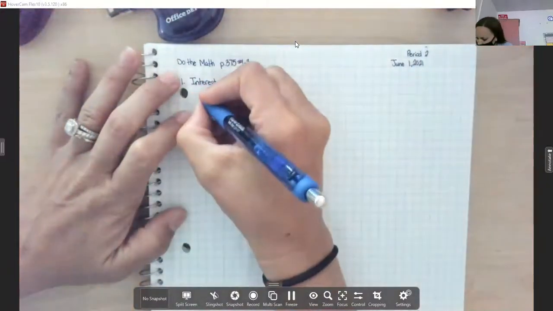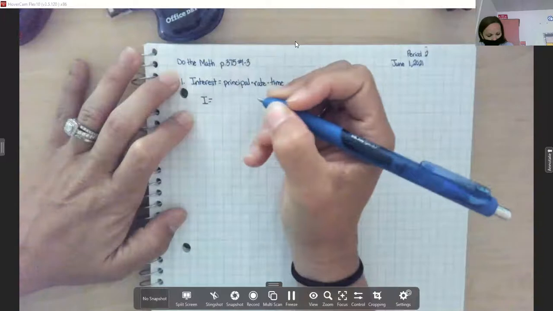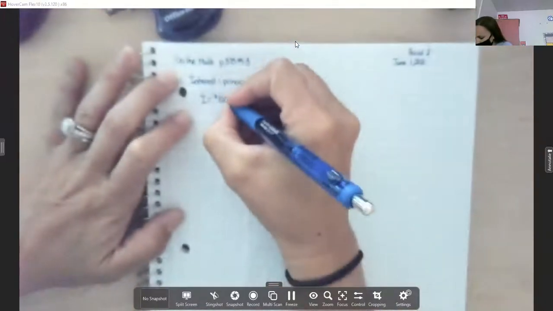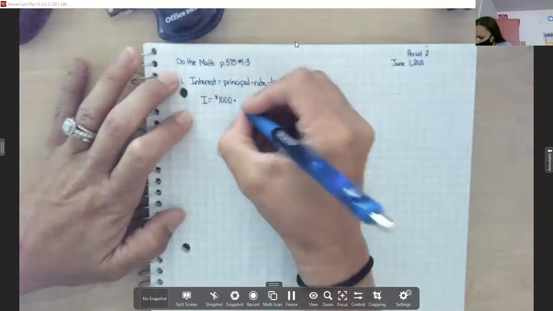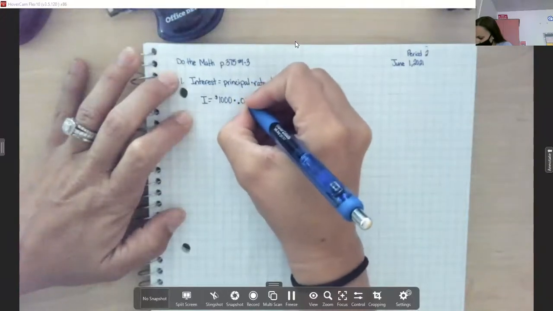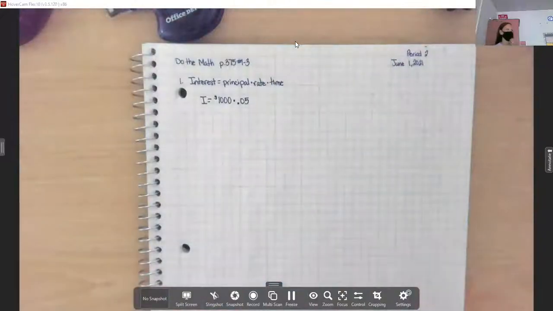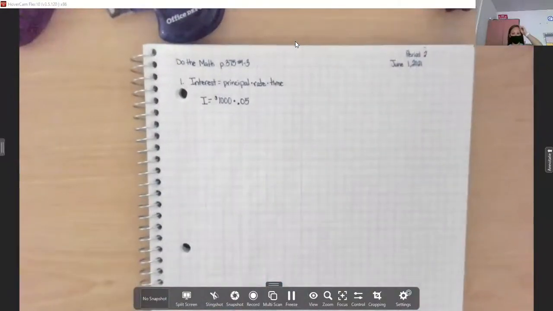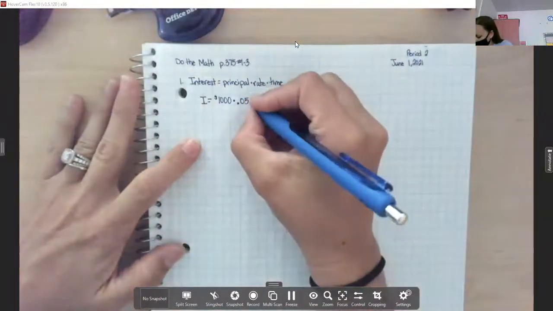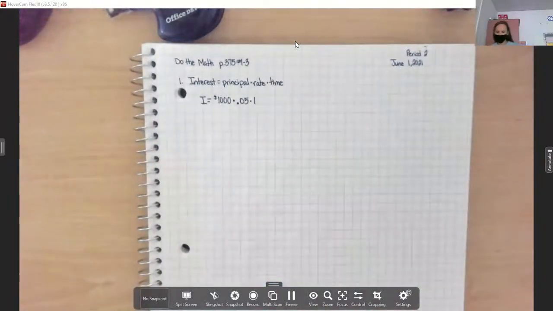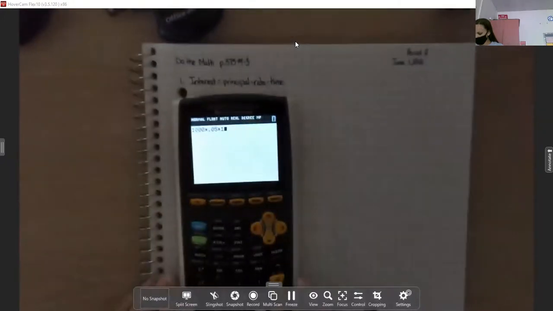So our interest in this problem, so it was a $1,000 CD. So $1,000 was our principal times the rate is 0.05 for 5%. And the time is 1 year. 12 months, remember, our time whenever we're doing interest is out of years. So our time here is just 1. So our interest is $50.